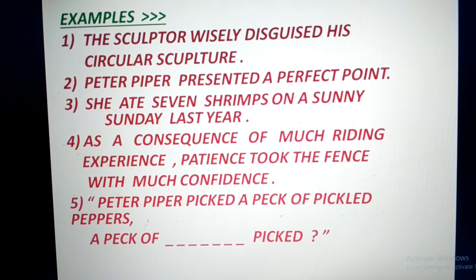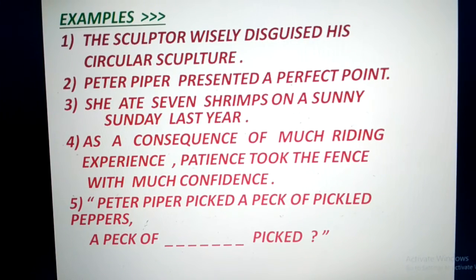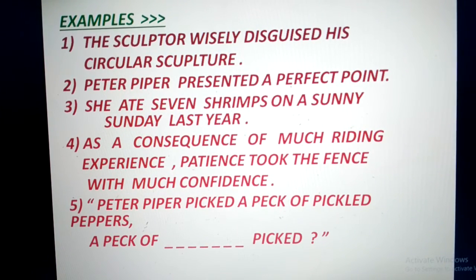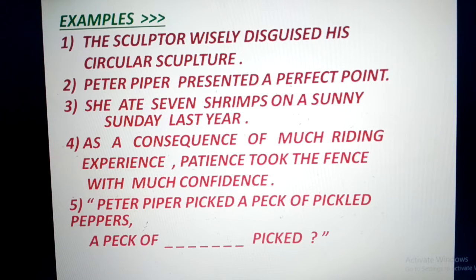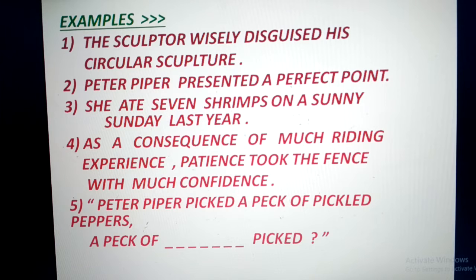See the next one. Peter Piper presented a perfect point. She ate seven shrimps on a sunny Sunday last year. As a consequence of much riding experience, Patience took the fence with much confidence. Here, Patience can be taken as the name of a girl.